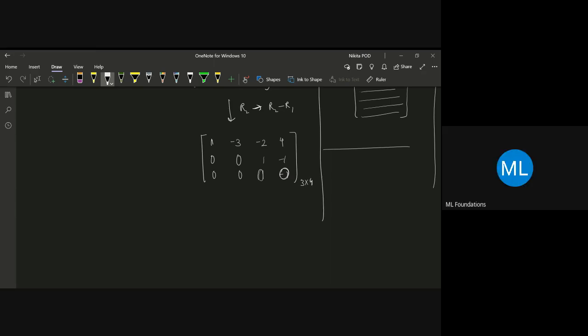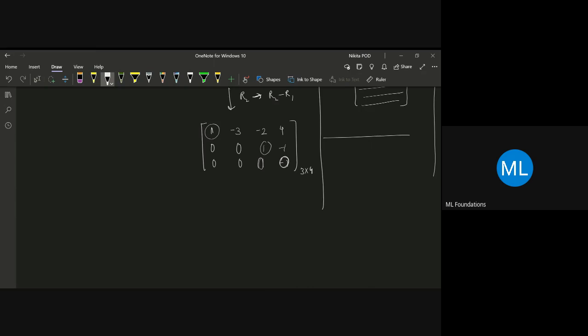The maximum pivots it can have is 3. Here you see that you have 2 pivots. The columns where we have the pivots, we call pivot columns.